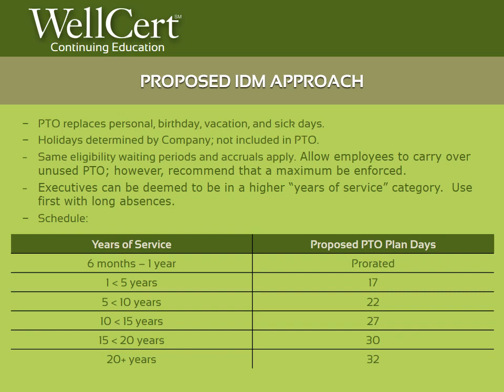So maybe the average of all types of leave has been 22 days per person per year. You might start out by having that average be more in the area of 14 or 16. And that's where some of the efficiency or the increased value to the employer comes from in how you structure that conversion to PTO. So that's a proposal related to an IDM approach that we're going to look at in more depth as we progress through the next series of slides.